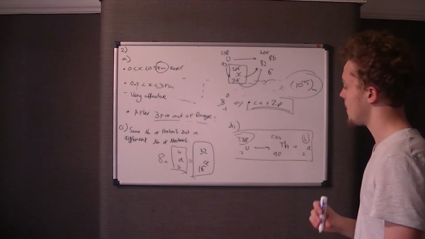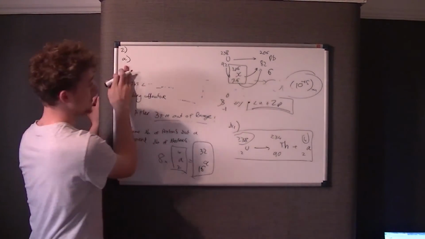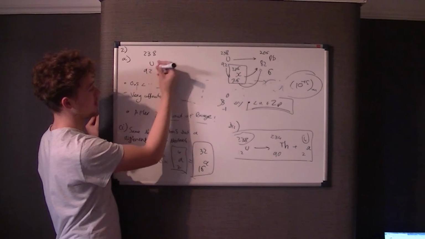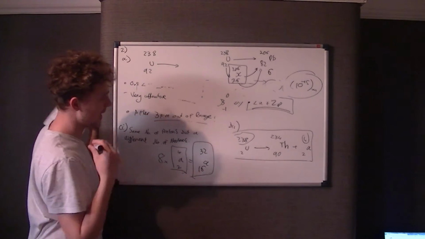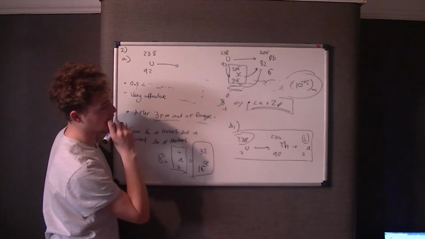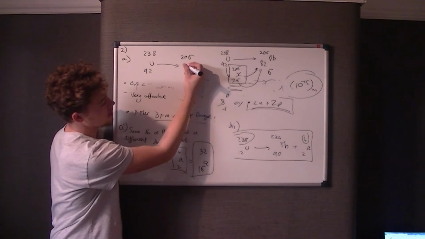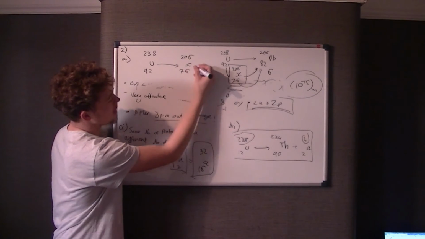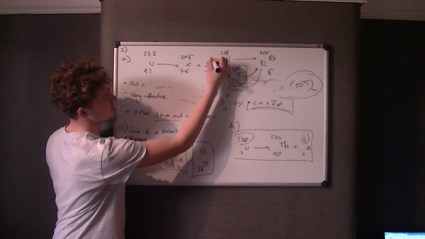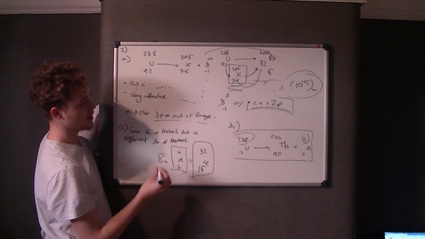This is probably not making too much sense, but I'll just draw what we've got so far. 238 and 92 is what we started with, and then we went through 8 alpha decays to get us to this X element here. This X element has 206 and 76, and we need to add on a certain number of beta minus decays to get to this isotope of lead.